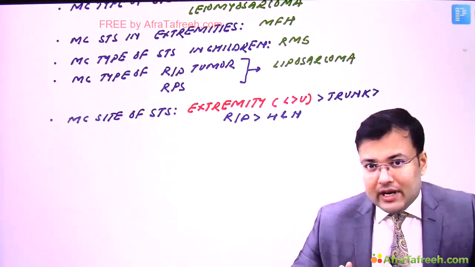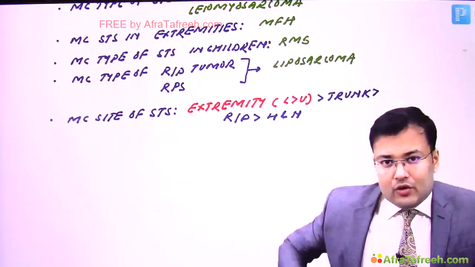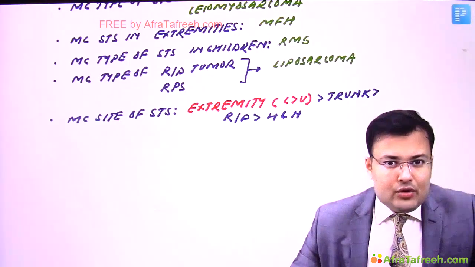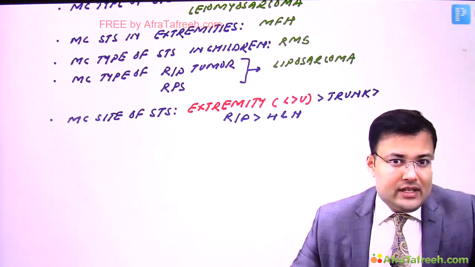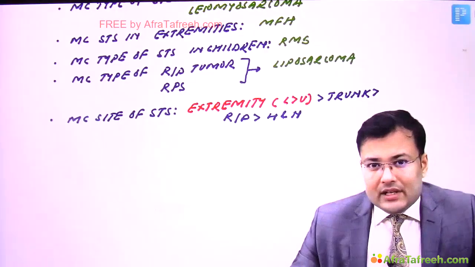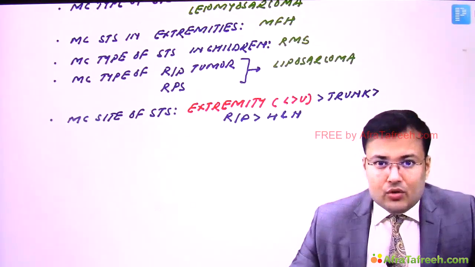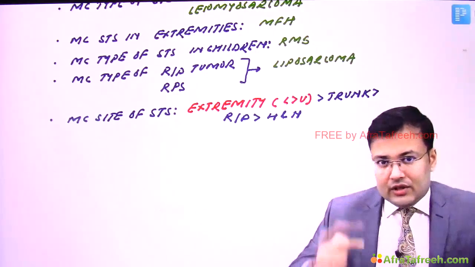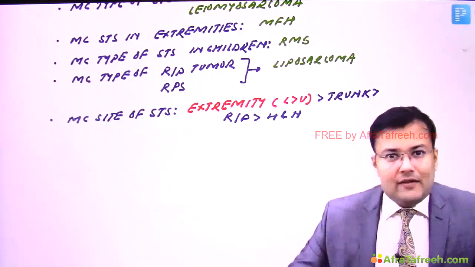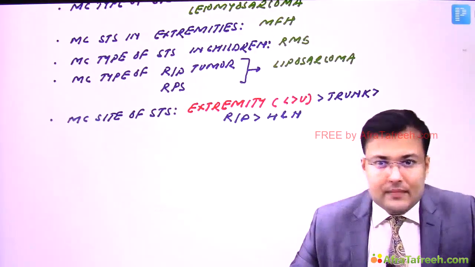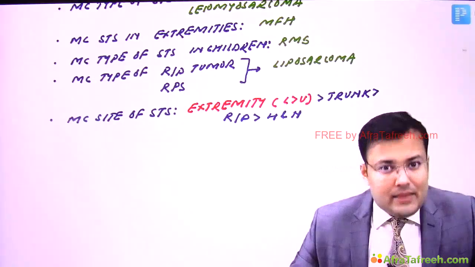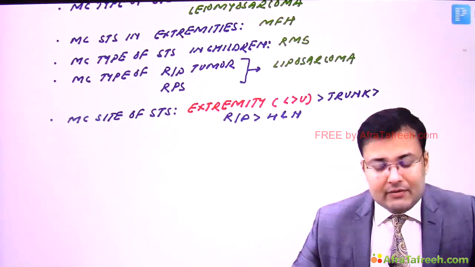But for retroperitoneal sarcomas, or retroperitoneal pathologies, the investigation of choice is CT. So for diagnosis it remains core cut biopsy or true cut biopsy, but to assess the extent of retroperitoneal sarcoma it becomes CT. Clear? These are the basic principles we are going to discuss one by one.